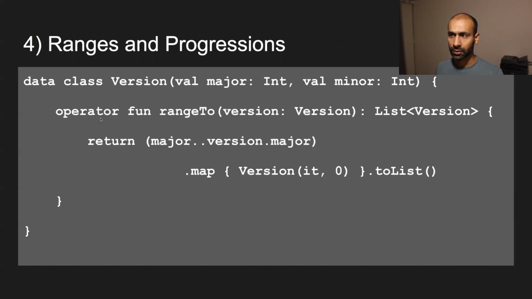The logic for determining which versions you want to return is up to you. In this case, I'm just returning all the major versions that fall between that range, where the version has major and minor. So it's again very useful, and you can create your own custom ranges.